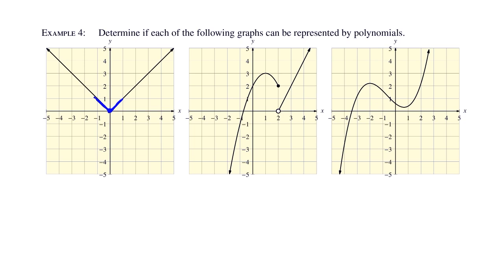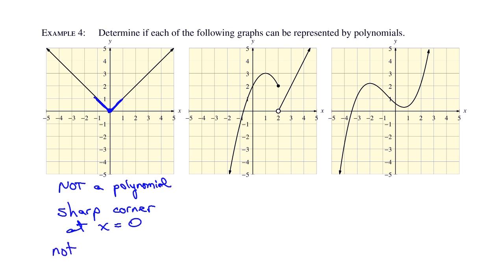So this is not a polynomial, and it's because it has a sharp corner at x equals 0. Since it has a sharp corner, we say that it is not smooth.